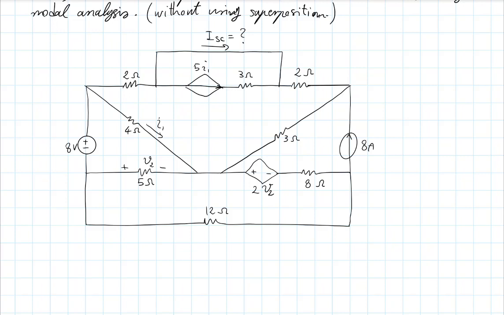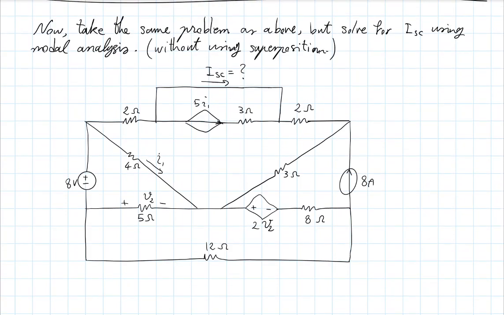So first of all, let's recall what we are trying to do. In nodal analysis, we are trying to find node voltages first. So solve the circuit to find node voltages. And then from that, find whatever else we need. So what we are after in this case is the short circuit current through that wire up there. That's not a node voltage. That's a current somewhere that we need.